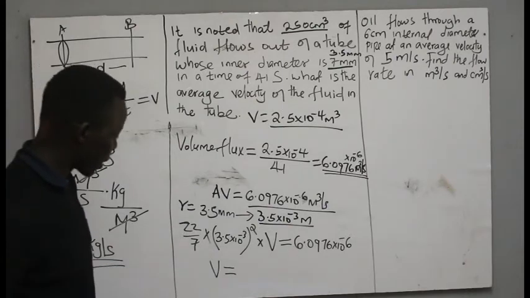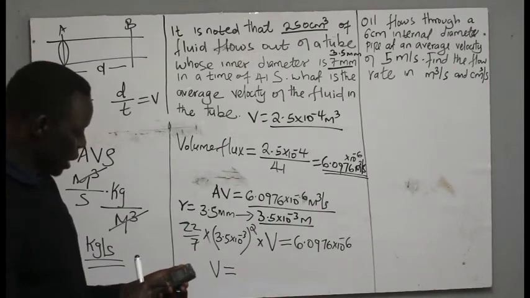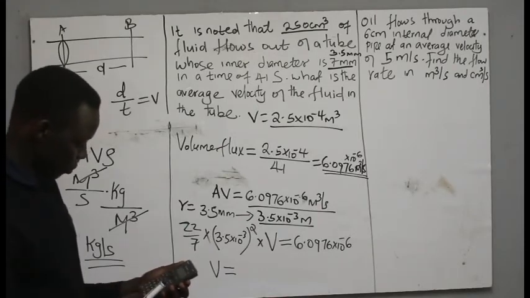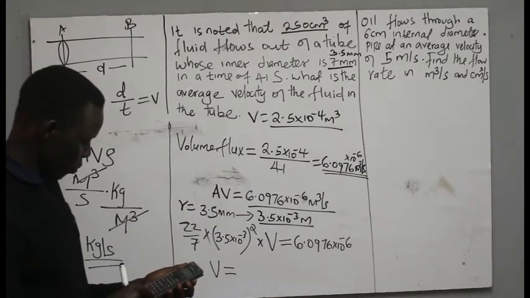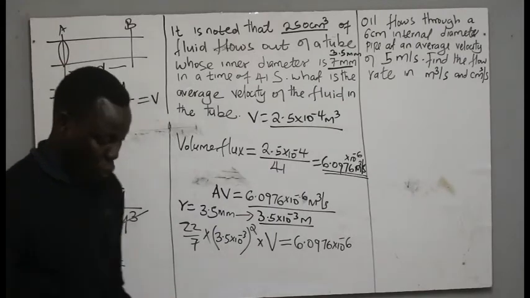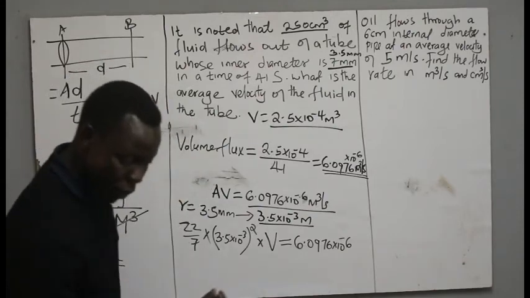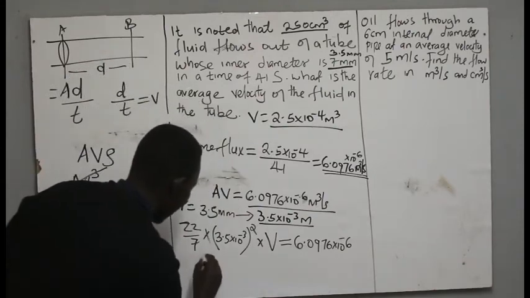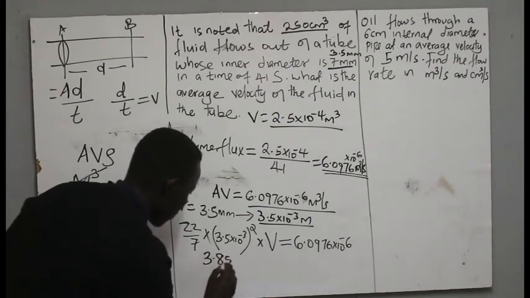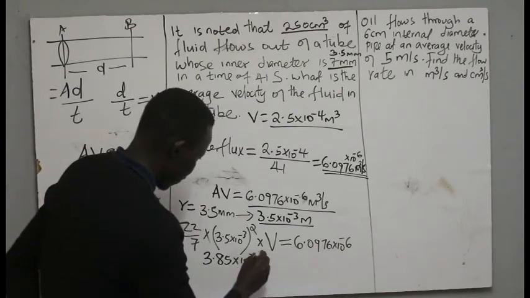We can make it very simple: we just square it, the answer times 22, divided by 7. So here, we are going to have 3.85 times 10 power negative 5.